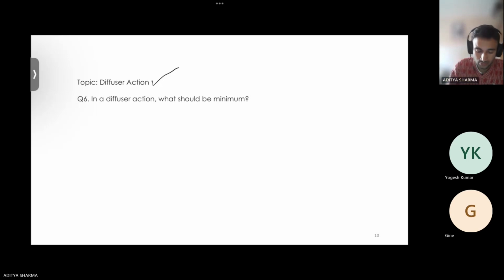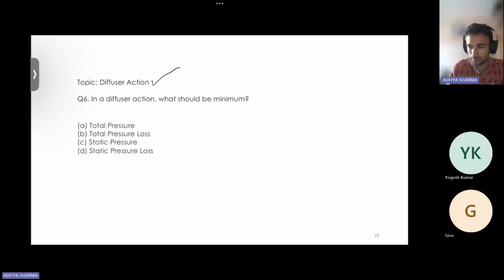So first of all, let's see what the options are, and then the context to this question would be more clear. All right. So we have four options.